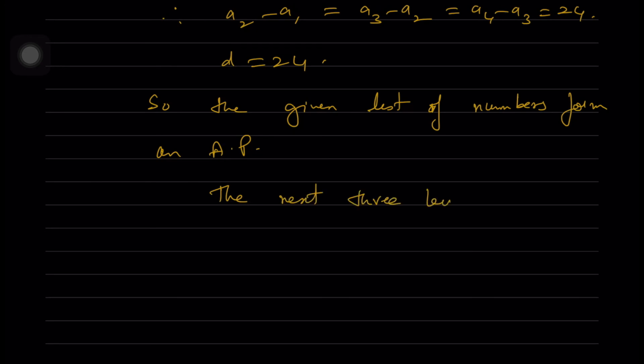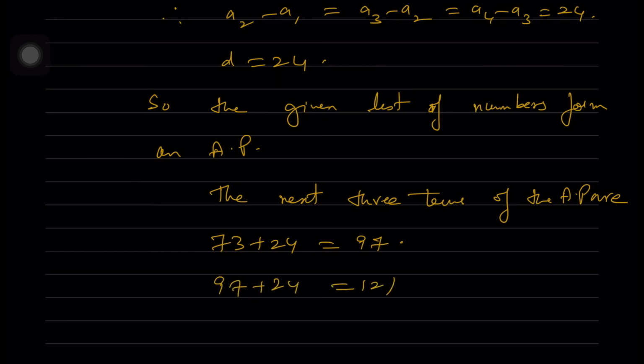Then we'll see what the next three numbers are. So the given list of numbers form an AP. The next three terms of the AP are 73 plus 24, which is equal to 97.